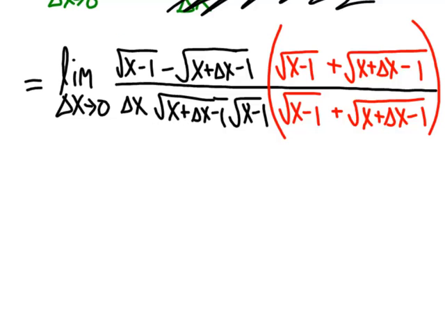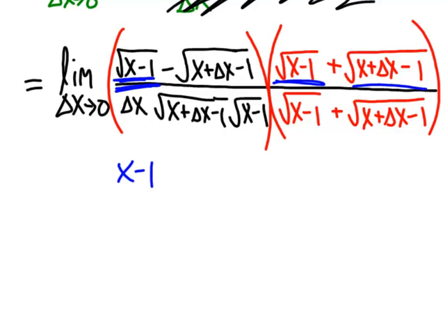So let's go ahead and FOIL out the top, but not FOIL the bottom, and see what happens. As I FOIL the top, the first terms give me x minus 1. Now remember that this whole structure makes the outer and the inner terms cancel. So these two outer terms are going to give me something really ugly, but it gets canceled out by these two inner terms.